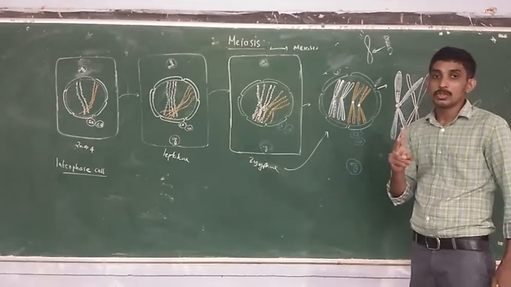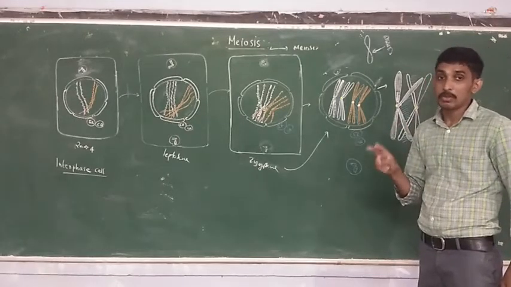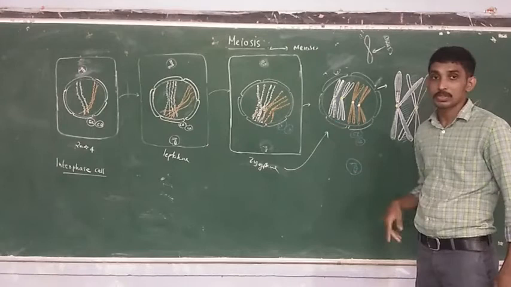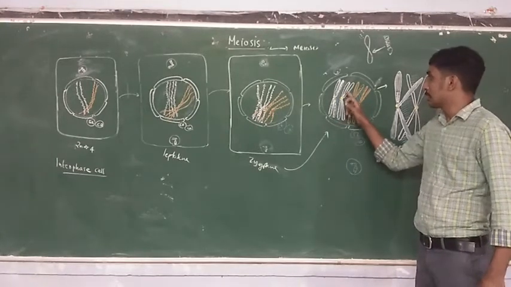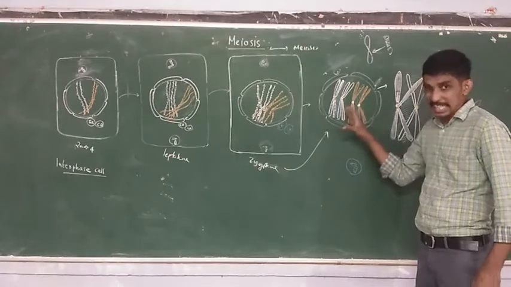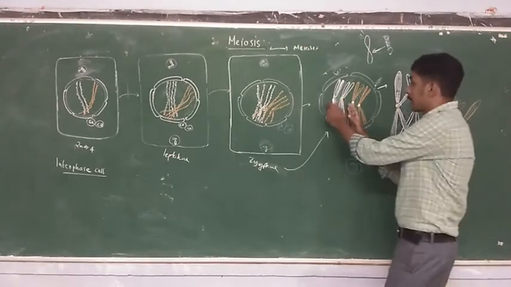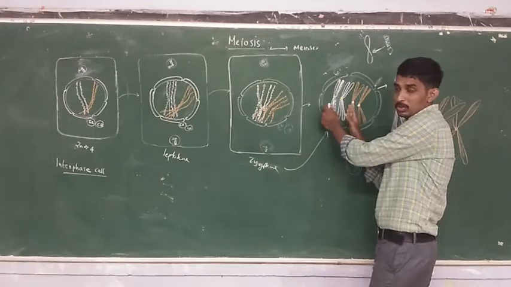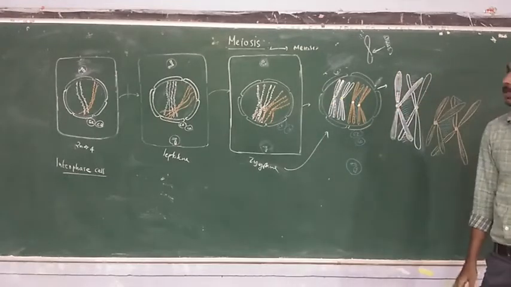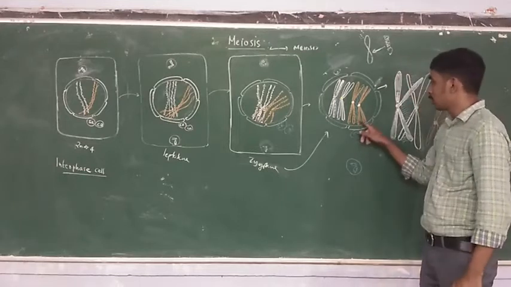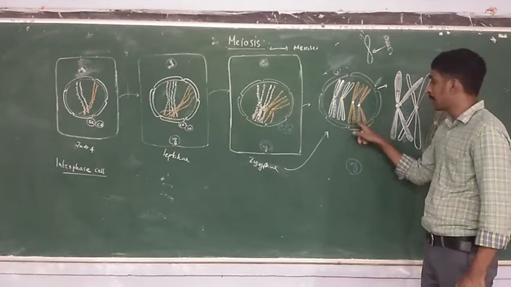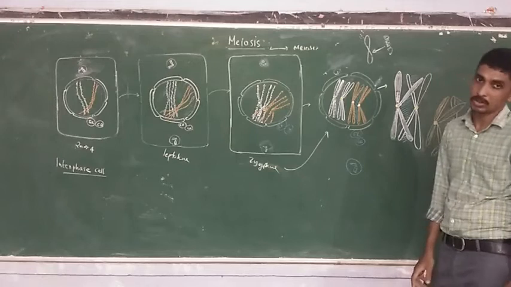So the main important factor in the case of zygotene is that pairing between the chromosomes occurs. That paired chromosome is called a homologous chromosome. Like that, this one also gets paired, and that paired chromosome is also called a homologous chromosome.